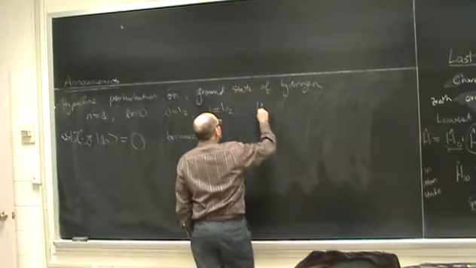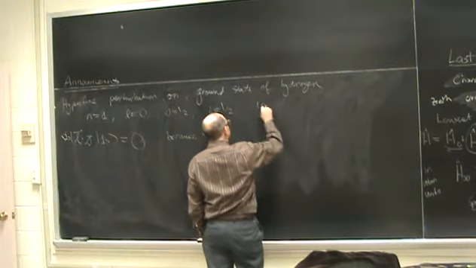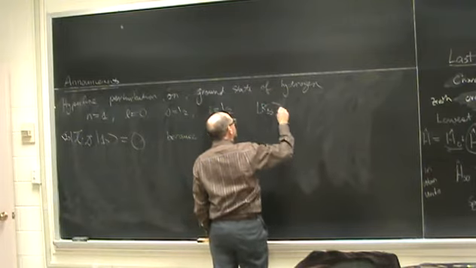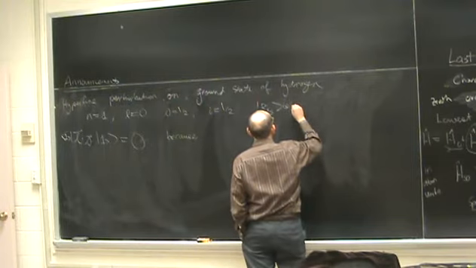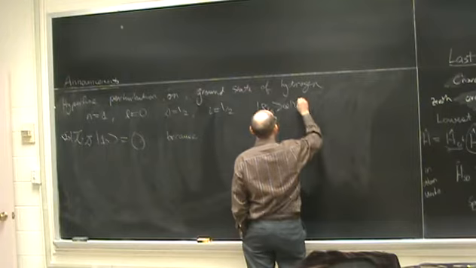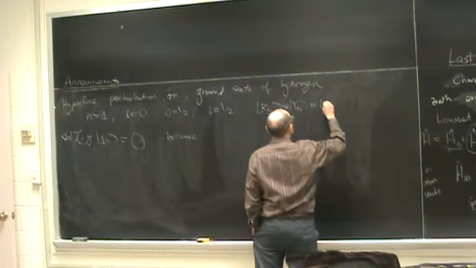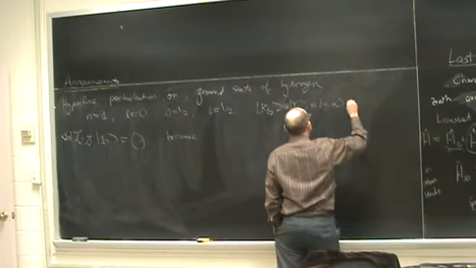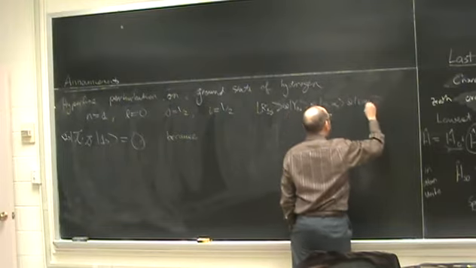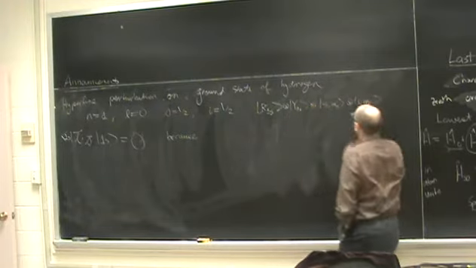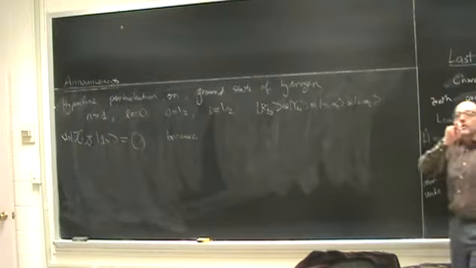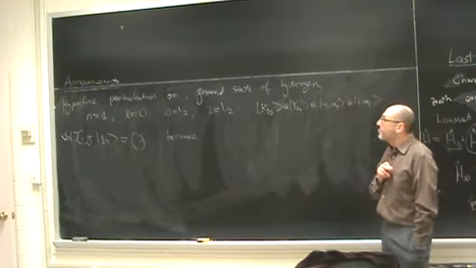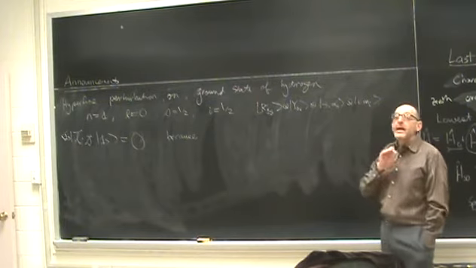right, so this is the 1s radial wave function. The Y00 in the absence, and now we're going to mix these guys together. Now, one thing to note, let's look at matrix elements.